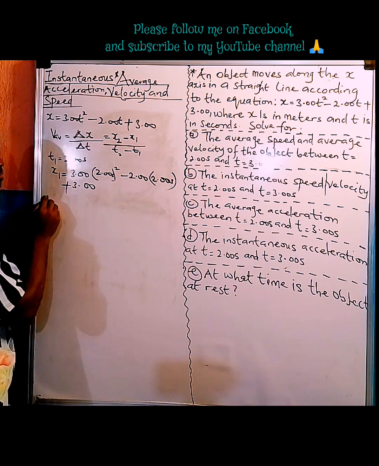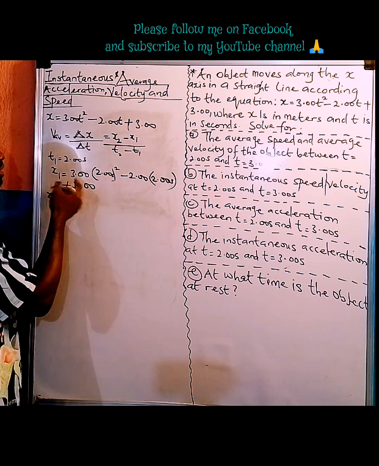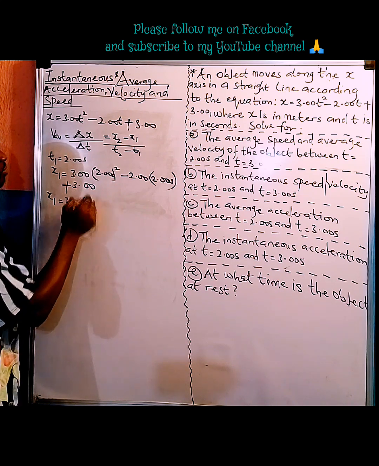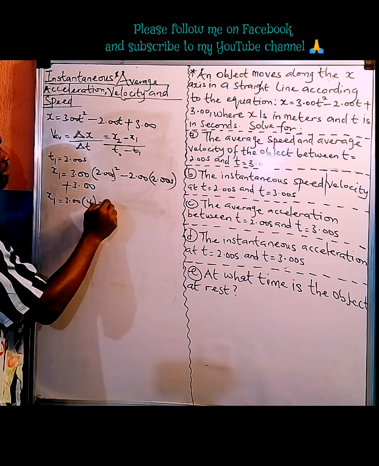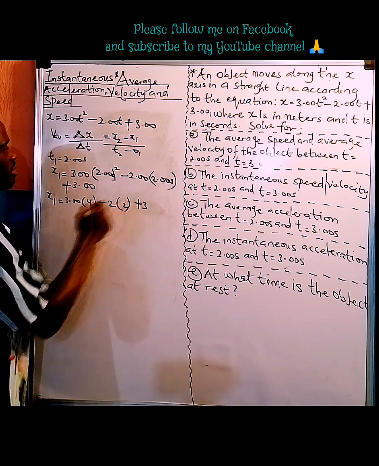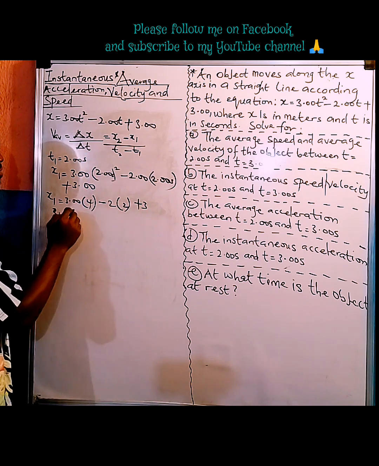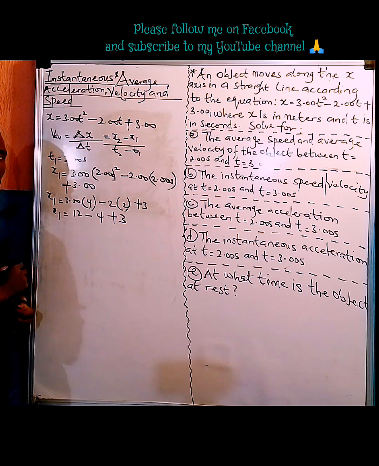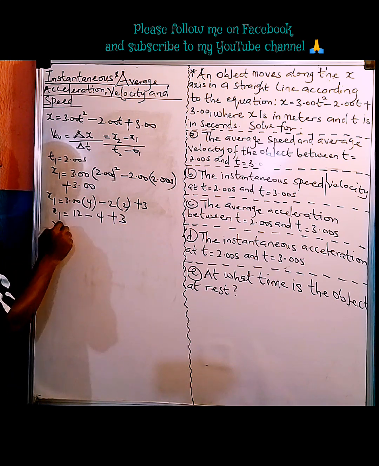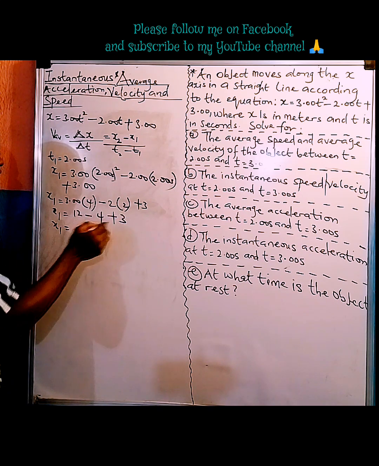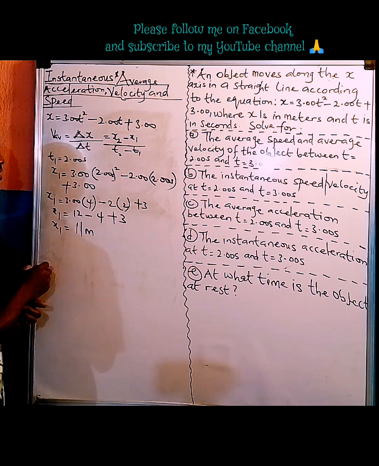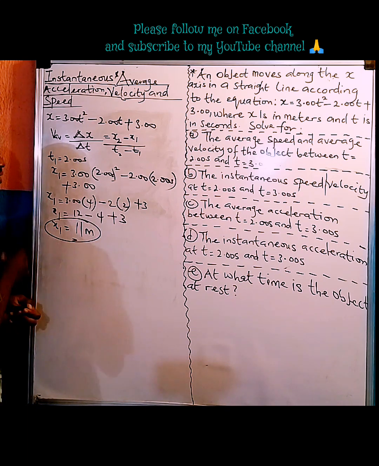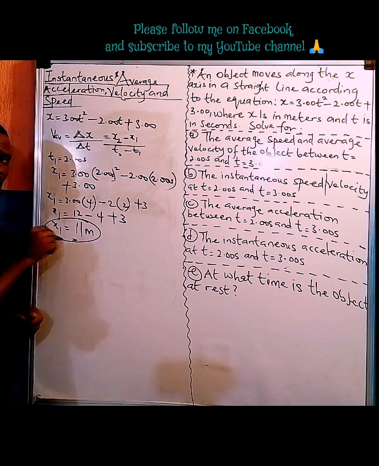So what's going to be the displacement? It will be 3.00, 2 raised to power 2 is 4, minus 2 times 2, plus 3. So displacement 1 is 12 minus 4 plus 3. 12 minus 4 is 8, 8 plus 3 is 11. Displacement 1 is 11 meters. So that's the first displacement.